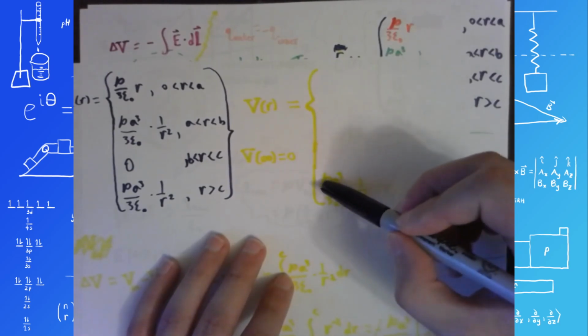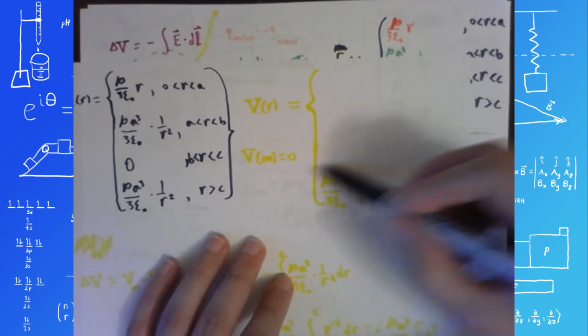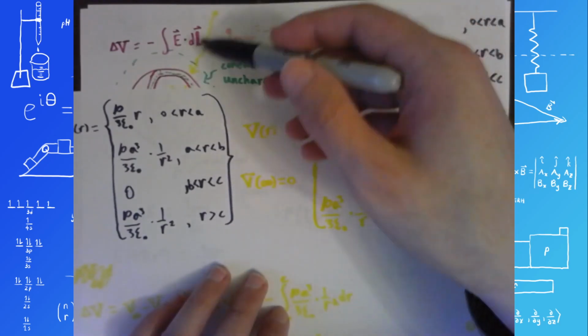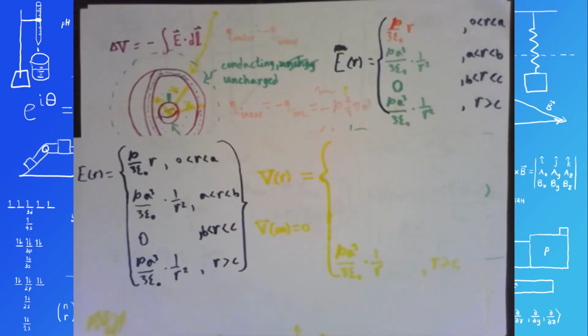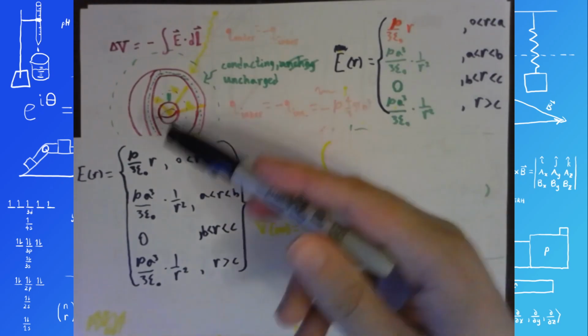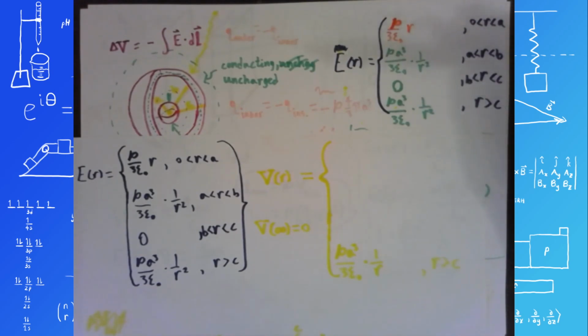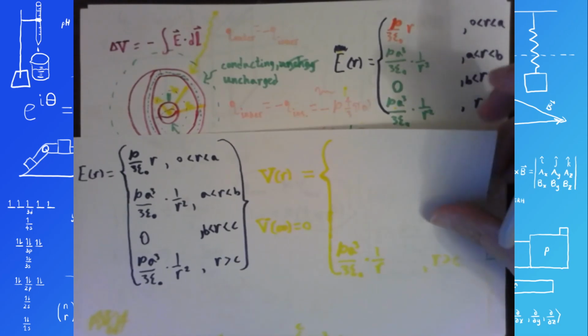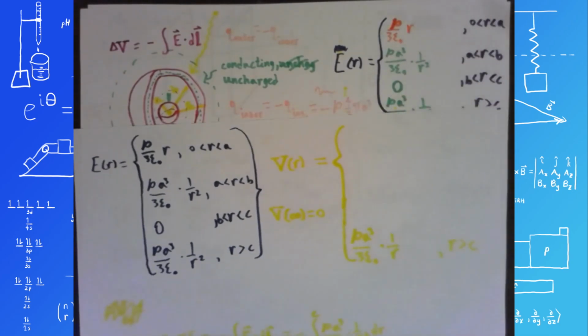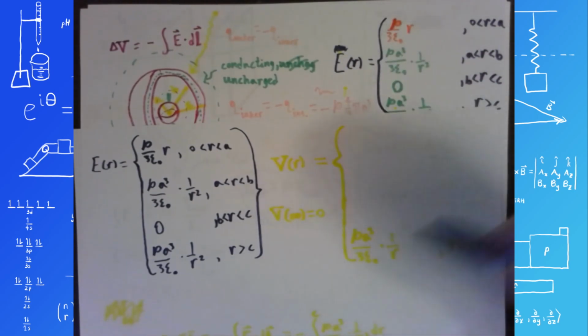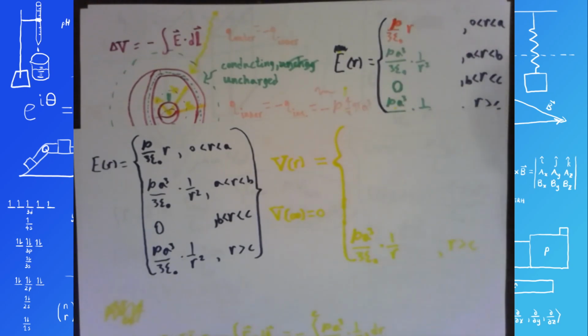If we assume rho to be positive, then your voltage is increasing as you get closer to the surface of the outer sphere, which does make sense to me, because if you're getting closer to an arrangement of charges that's overall positive, then your voltage should go up. Voltage should be higher as you get closer to positive charges and lower as you get closer to negative charges. So that so far is making sense to me. The signs that I'm getting are all checking out.